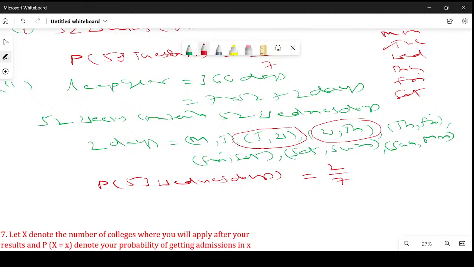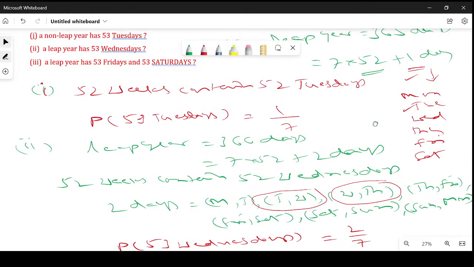Now we can think about the next problem, the last problem. Again, in a leap year, they are asking, we'll see the third problem: a leap year has 53 Fridays and 53 Saturdays. Similarly, 52 weeks contain 52 Fridays and 52 Saturdays.